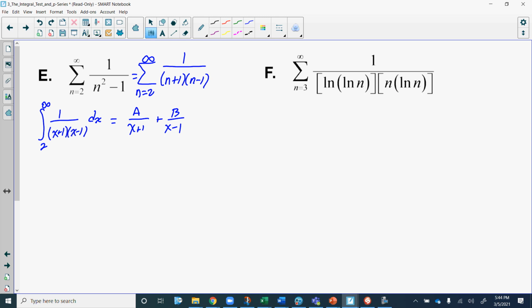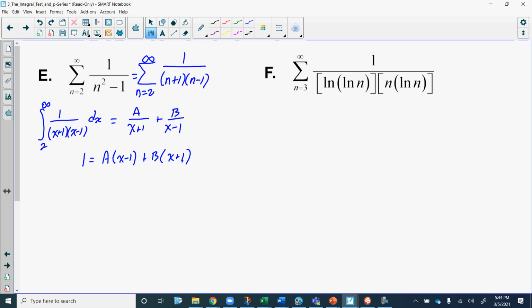And let's see what we end up with here. If I multiply by the common denominator, I'm going to get 1 is equal to a times x minus 1 plus b times x plus 1.